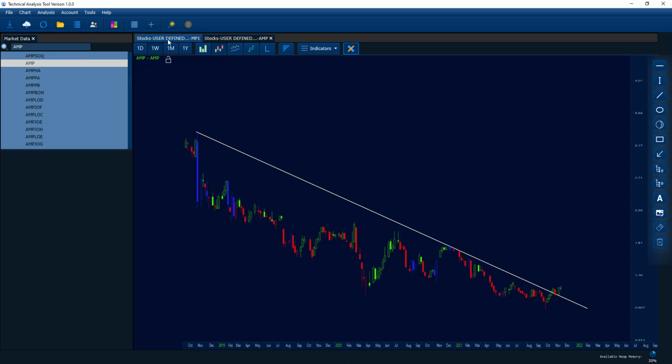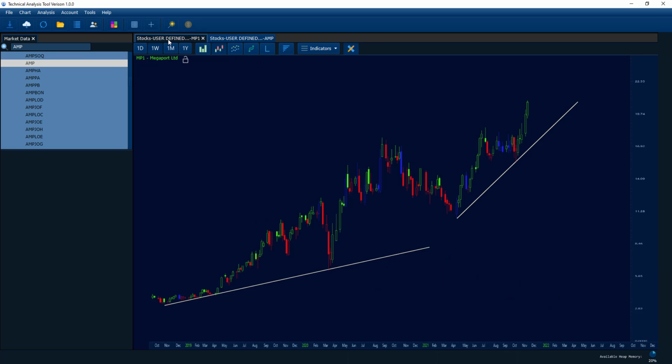Another attribute of the trend line is when the trend line is very steep, it's less significant, because very steep price action, like here in this period of time, is very hard to last or be stable. When the price sharply goes up or down, you can draw a very steep trend line.